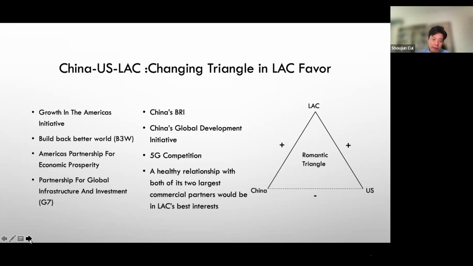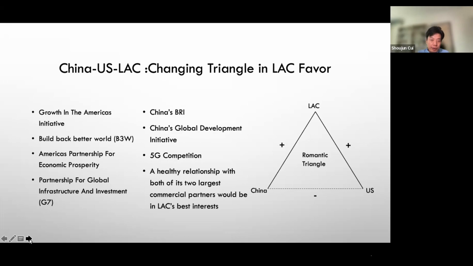And also the 5G competition between China and the US. I think Latin American countries will benefit from the 5G, the fifth generation technology from Huawei and many others.